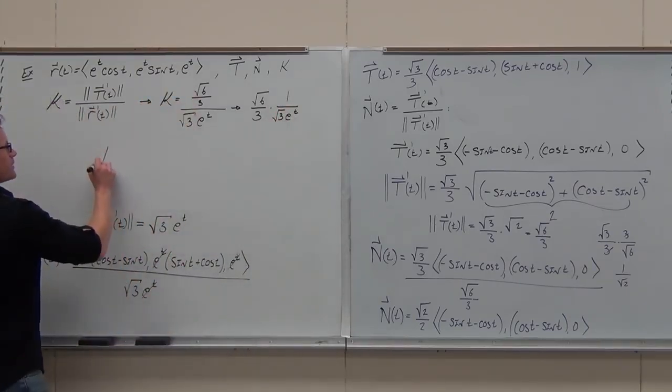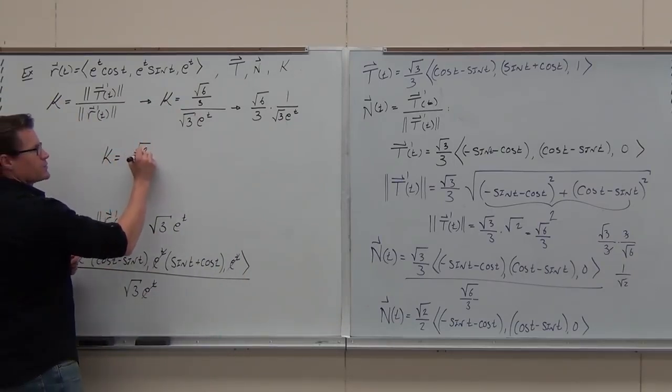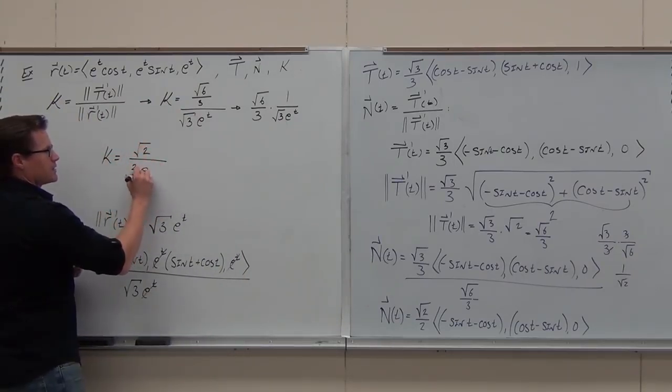And if we simplify, we get the square root of 2 over 3 e to the t.